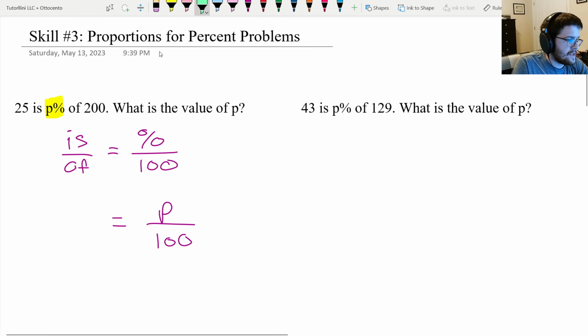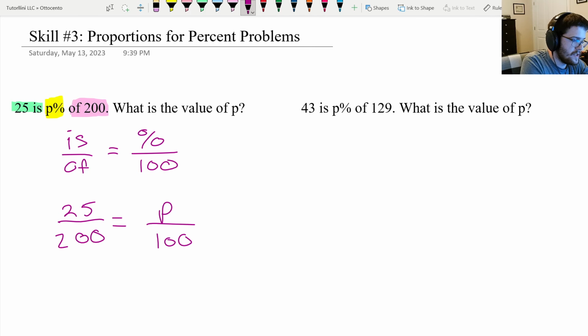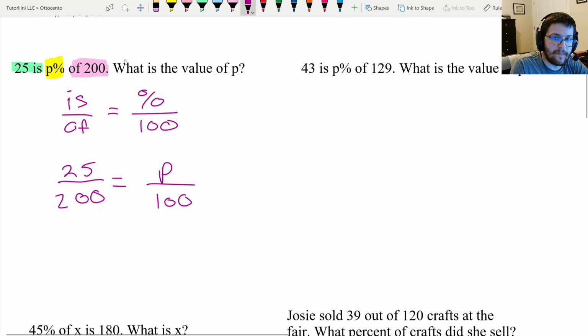Now let's say "is" is next to 25, so we'll put 25. And "of" is next to 200, so we'll put 200 where the "of" goes. Anytime you want to solve these equations, you can cross multiply.